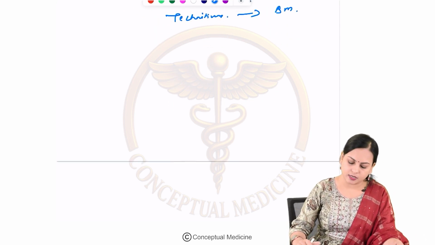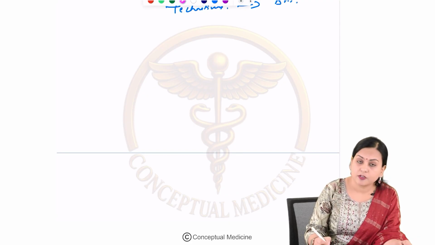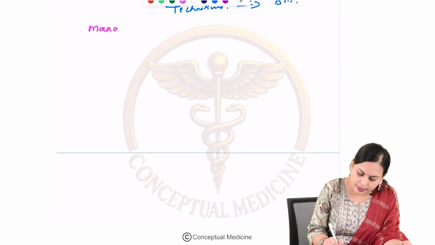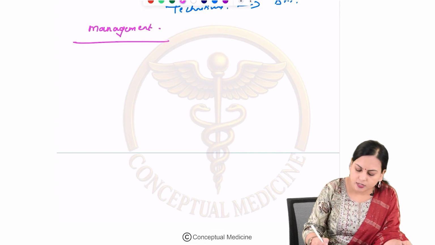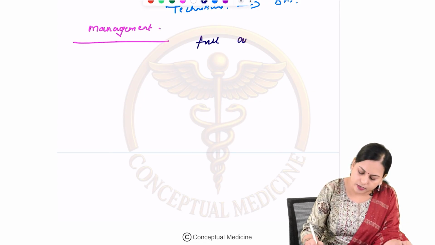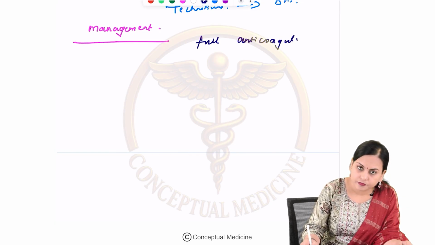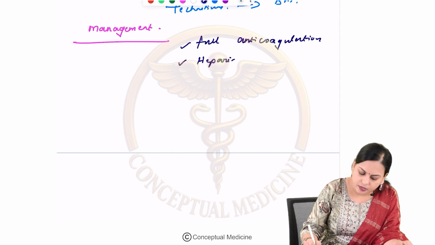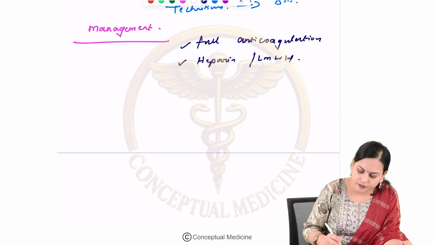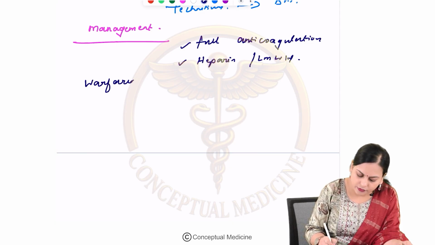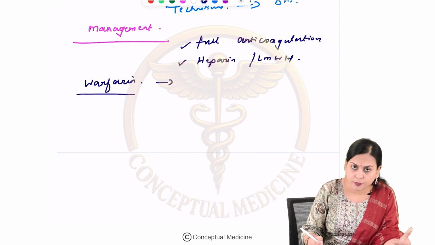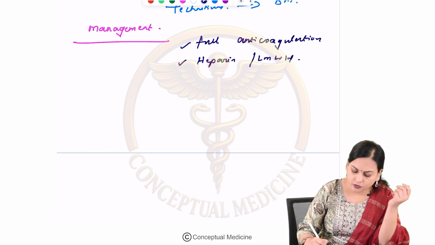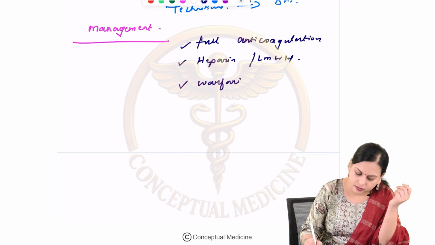Clear? Yes. Next one is about the management of this condition. So how will you manage this? You have to give them full anticoagulation. Yes, you can give them heparin or low molecular weight heparin, and warfarin can also be safely used in the puerperium, and this can be shifted to warfarin after a few days of giving heparin.